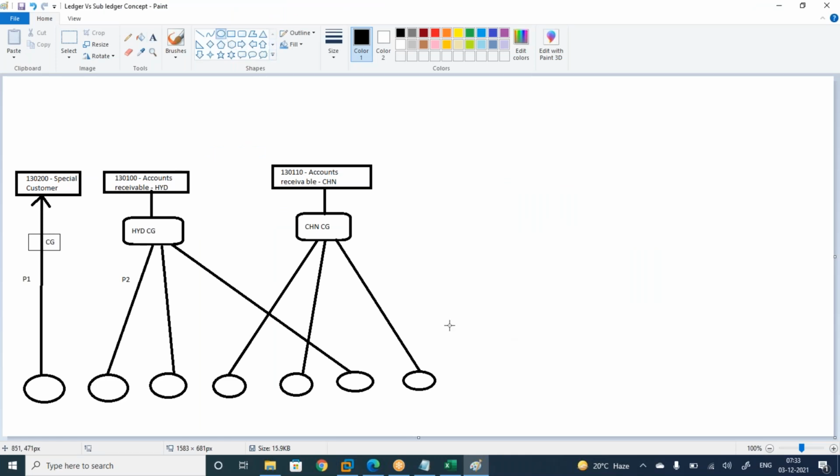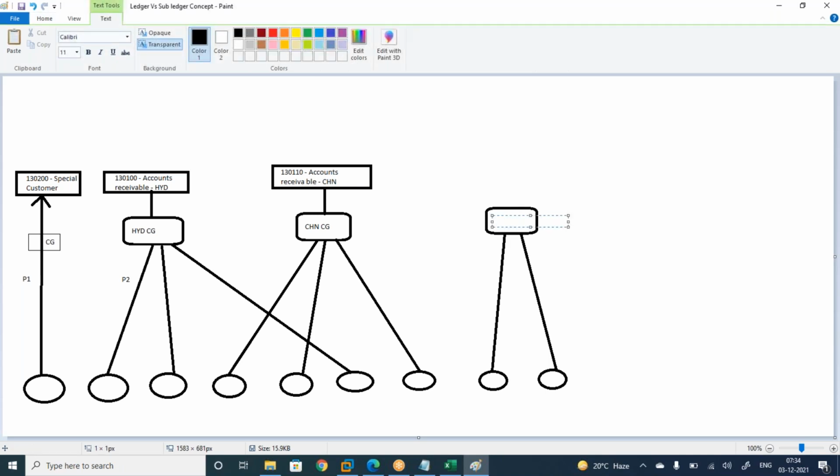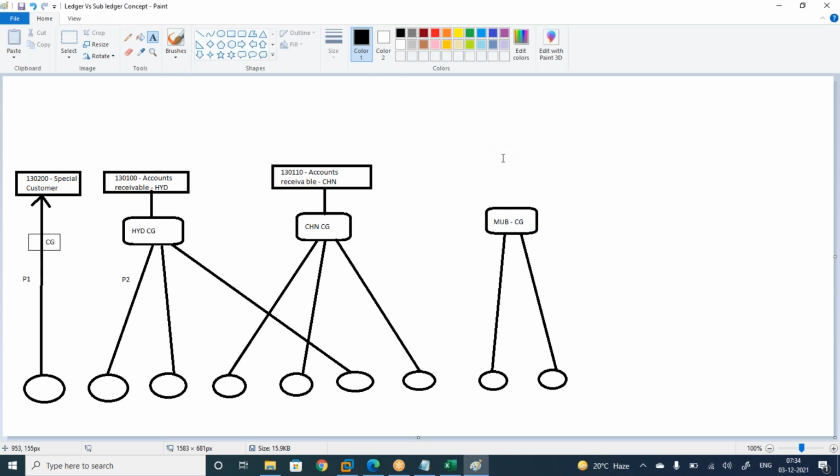For some other customers, there is a group, but suppose there is another group, for example a Mumbai customer group, but there is no ledger account mapped. Then the system will verify, is there any mapping for all?